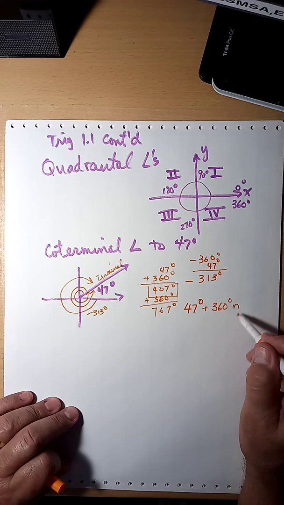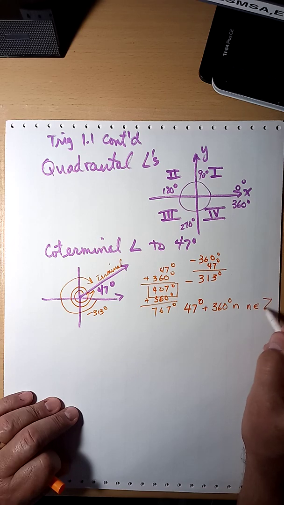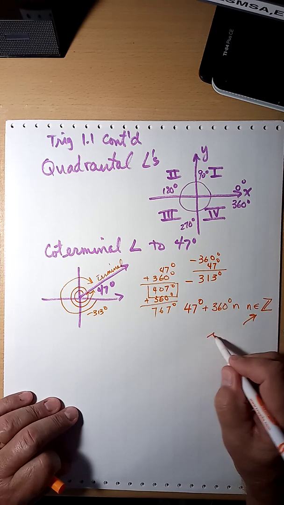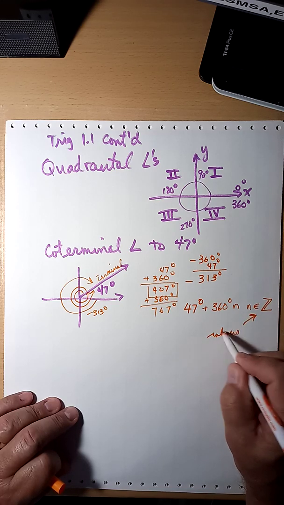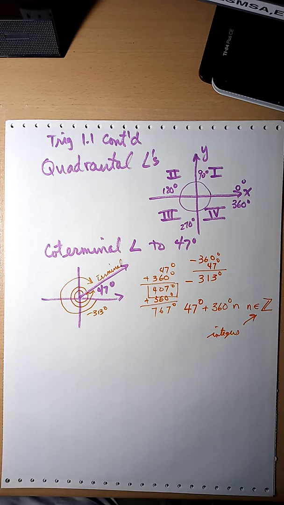Negative 1 time, n would be negative 1. So n is an element of the integers. This double strike Z stands for the integers. And that's how you write all angles coterminal to a given angle.